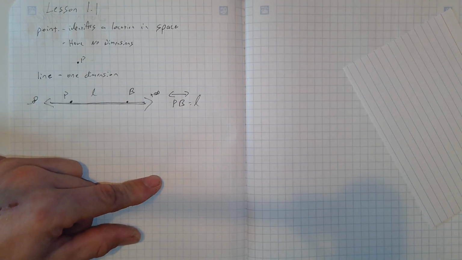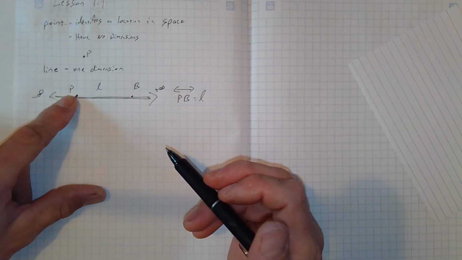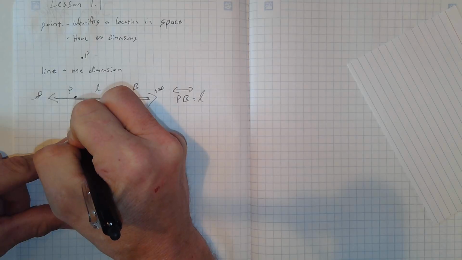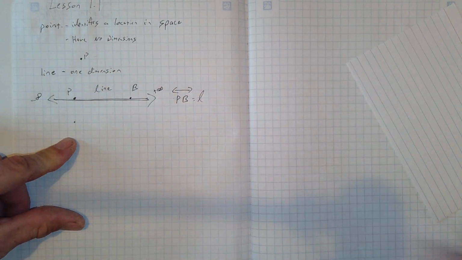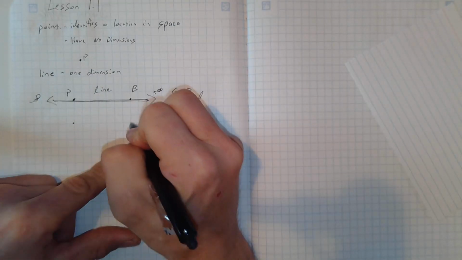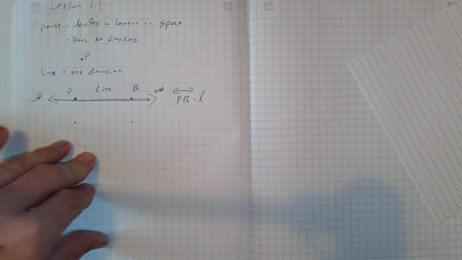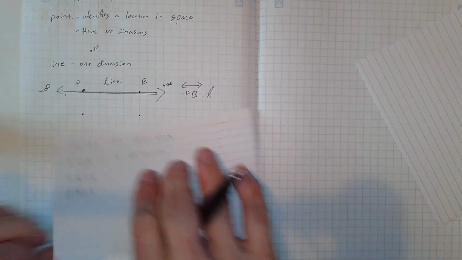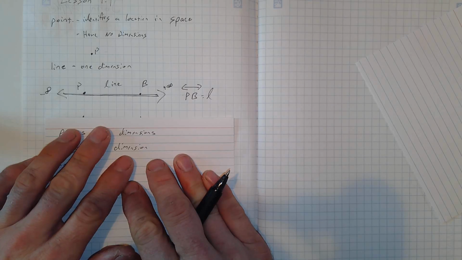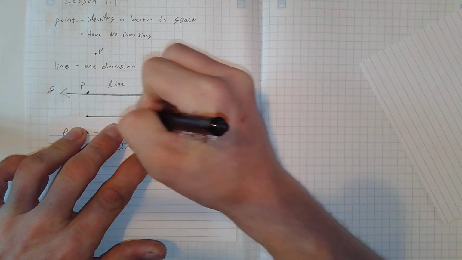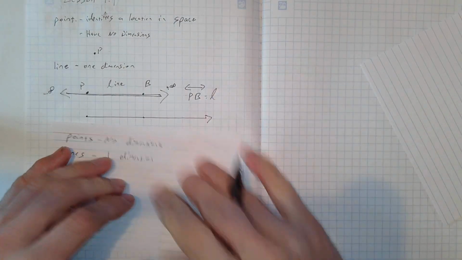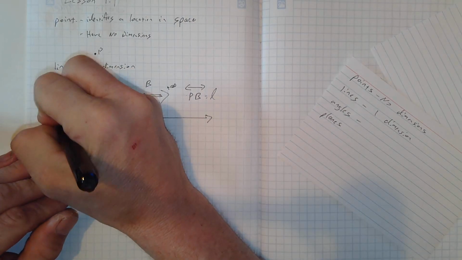But if I bound this line, and say this line starts at point P and goes forever in only one direction, it's still one-dimensional, and this is now called a ray.